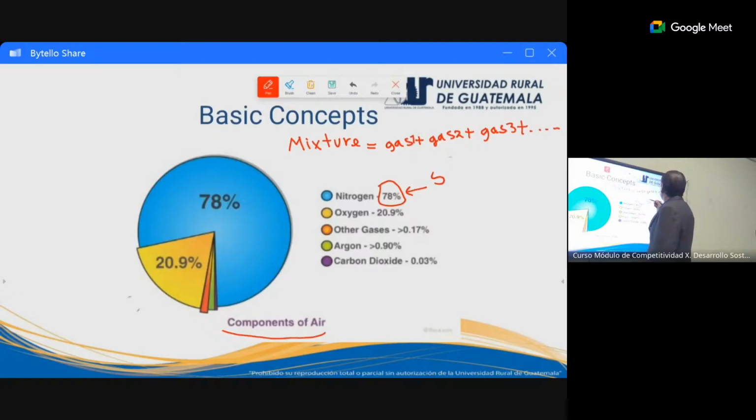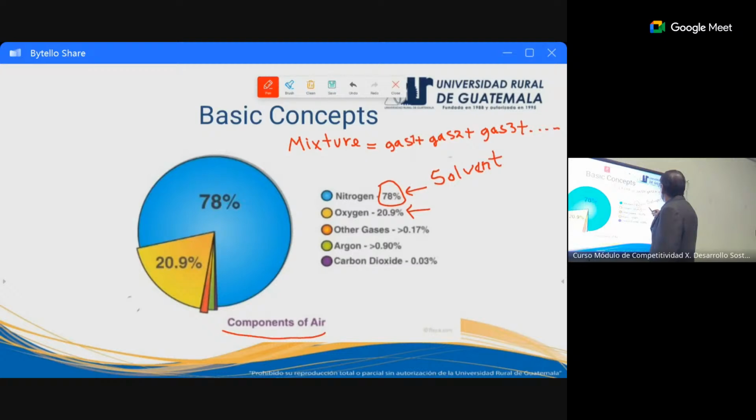Okay, solvent. And then we have more gases here, like the oxygen with the 20.9%.